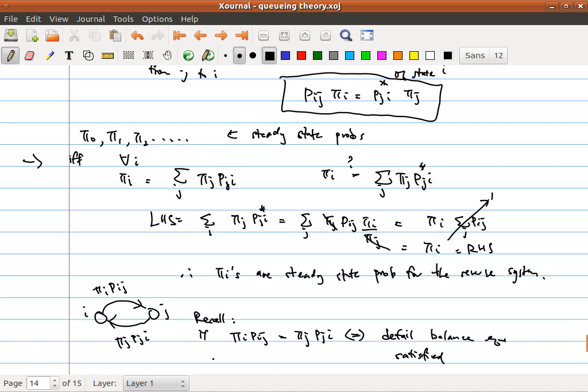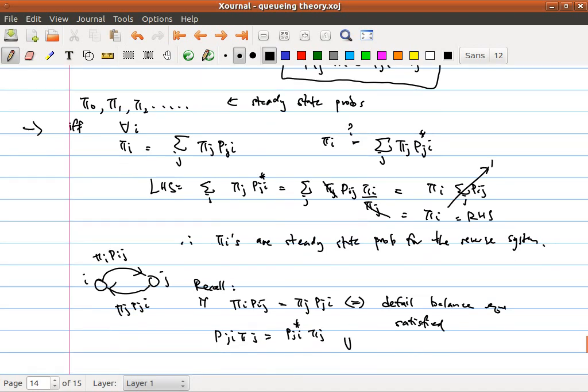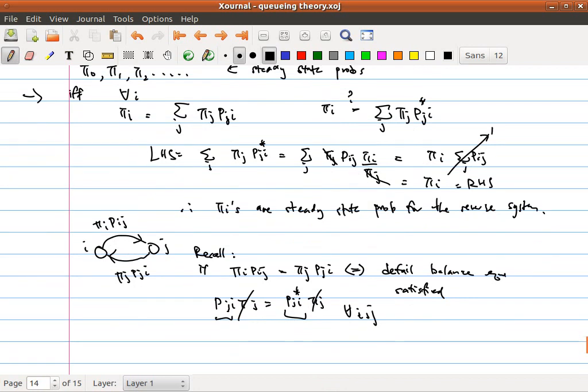So we have p_ji pi_j is actually equal to p_ji star pi_j, and this is true for all i and j. So then we can just cancel this pi_j here. It's actually saying that the transition probability is the same also if time is reversed.